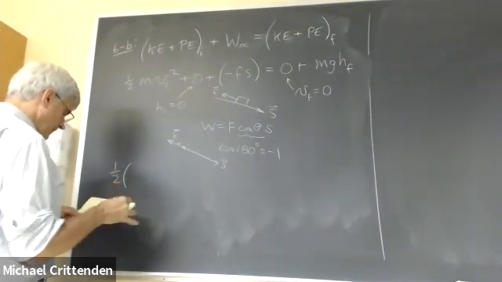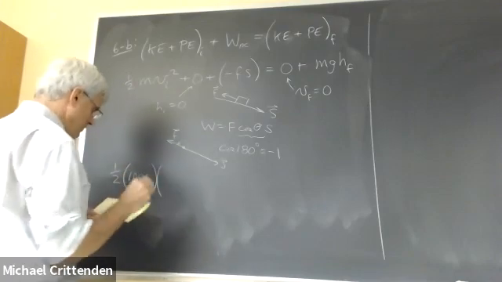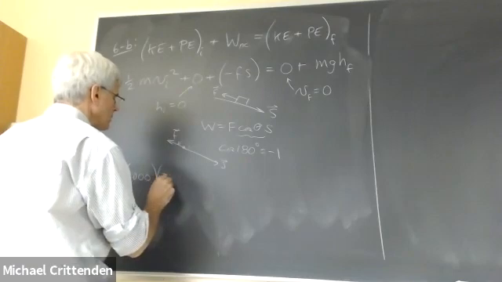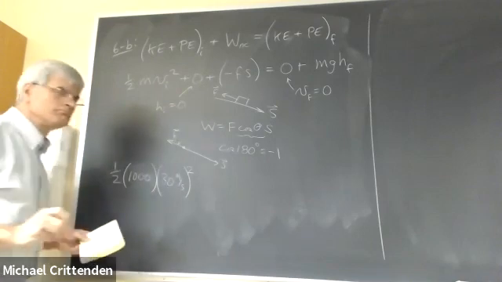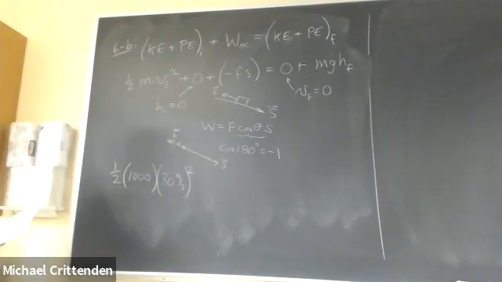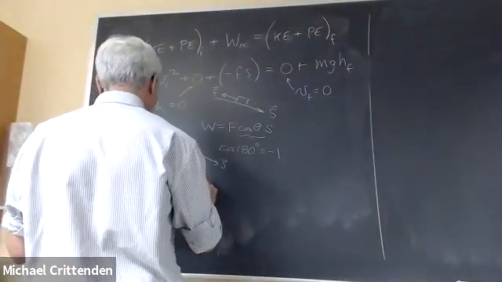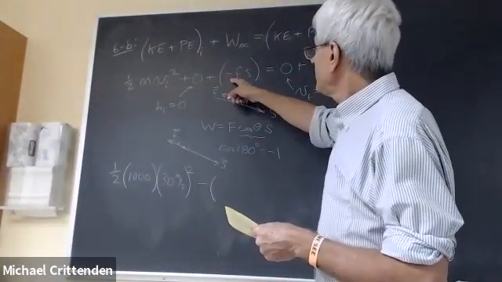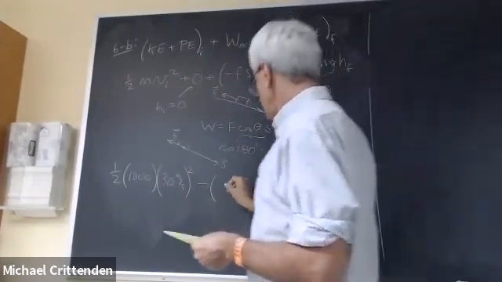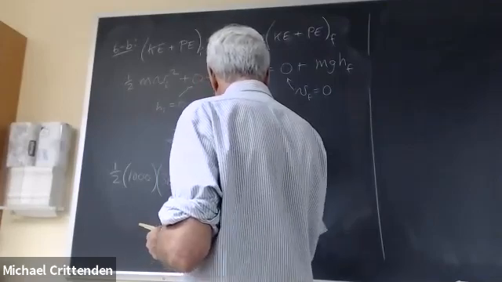Mass of the car, 1,000 kilograms. Initial velocity, 30 meters per second. Something in the low 60s of miles per hour, a little over the speed limit maybe. So 1/2 mv squared minus the force times the distance. The force, 450 newtons.